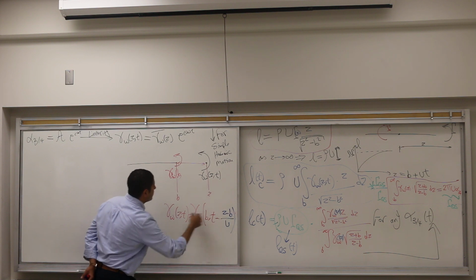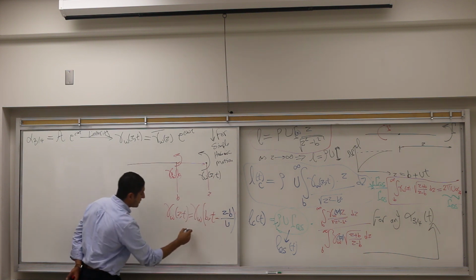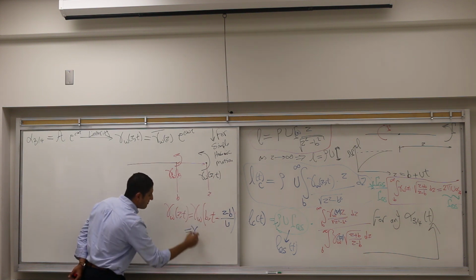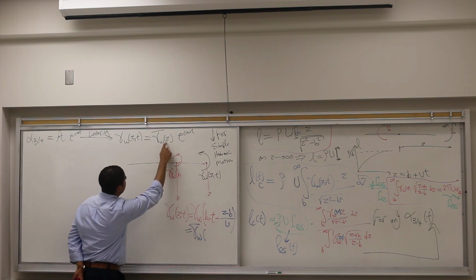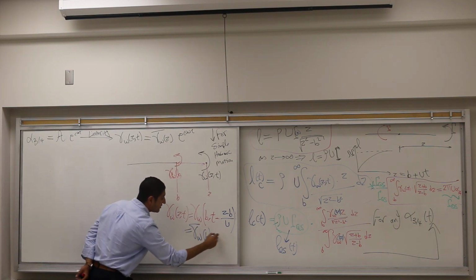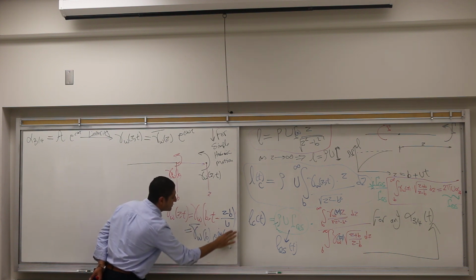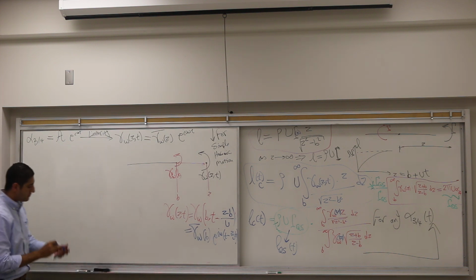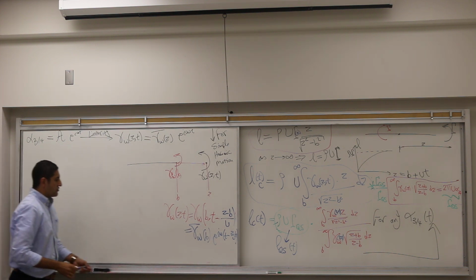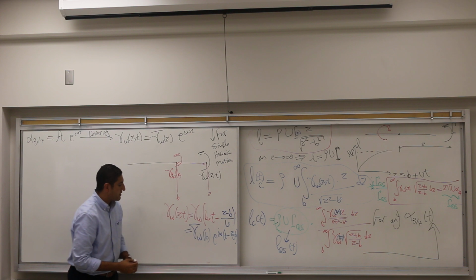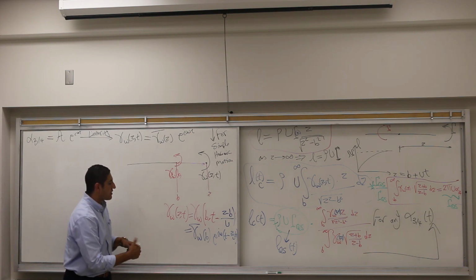So now expand this in this way. This is gamma wave bar at the location, e to the i omega, the time is t minus (z minus b) over u. So take anything that does not depend on t and z, anything constant here.